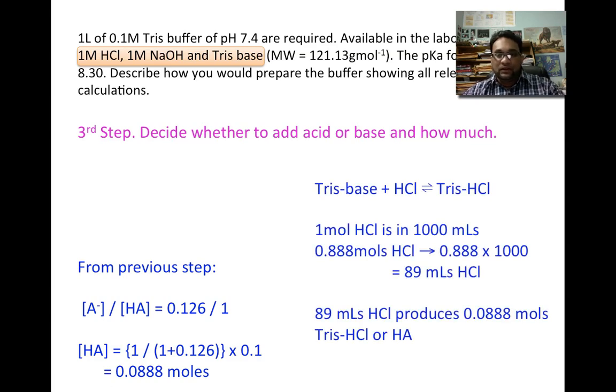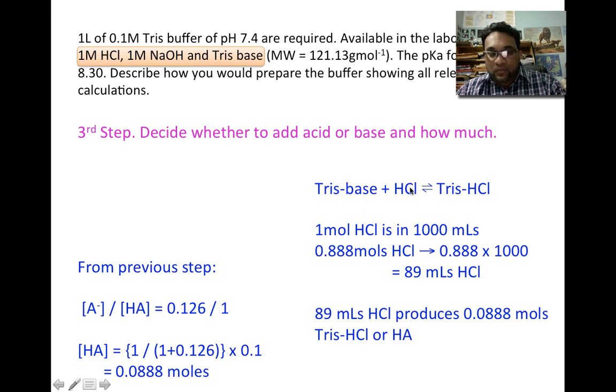So if you watch here, because the tris buffer must have tris base and tris HCl. They gave you only tris base, so you're going to make the amount of tris HCl that you need. Now you need, how much is tris HCl? You need around 0.088 moles tris HCl.